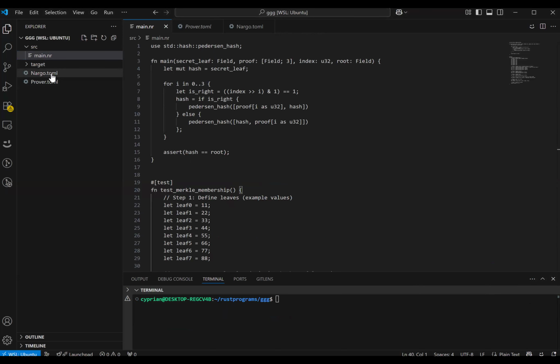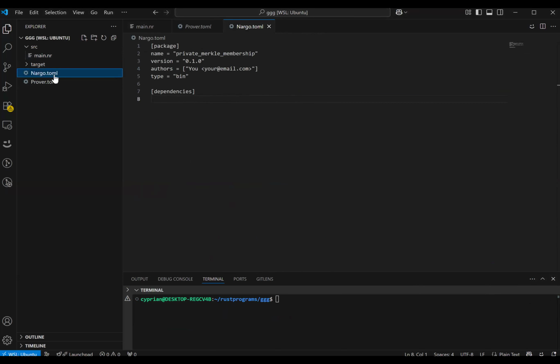Okay, let me begin with the dependencies of the Nargo.toml.